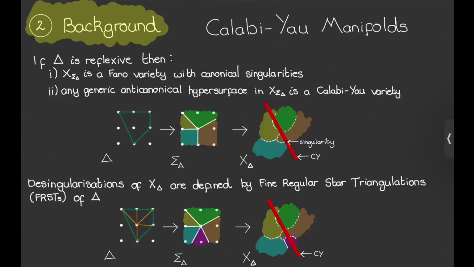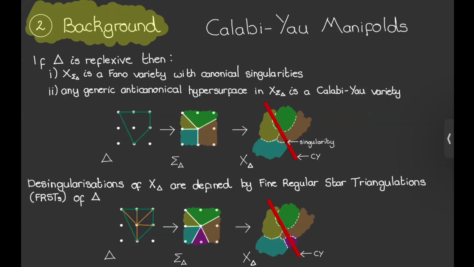And what Batyrev and Borisov discovered in the early 90s was that if the polytope that you start with is one of these so-called reflexive polytopes, and I'll define for you what that is in a minute, then it follows that the resulting toric variety is a Fano variety with at most canonical singularities, and also any generic anti-canonical hypersurface in that toric variety is a Calabi-Yau variety.